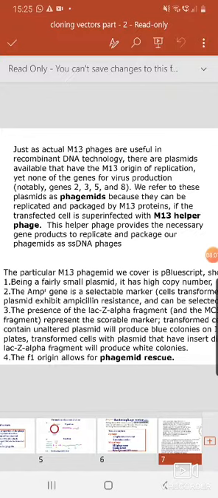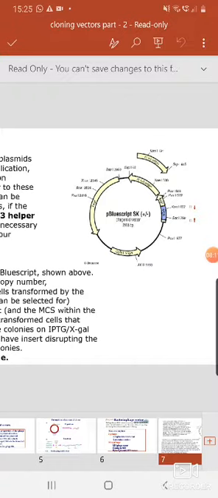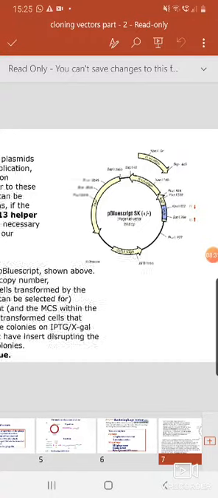So this vector can be packaged inside the filamentous phage body and propagated as a single stranded circular DNA molecule and as a phage. Or during replication it forms a double stranded DNA, so it can again propagate as a plasmid inside a bacterial host.